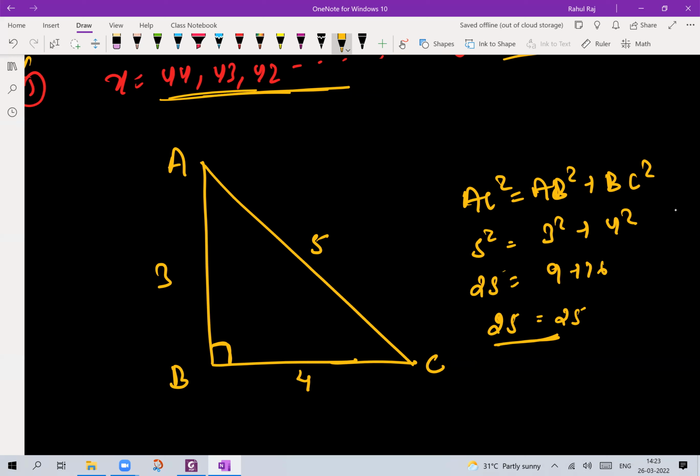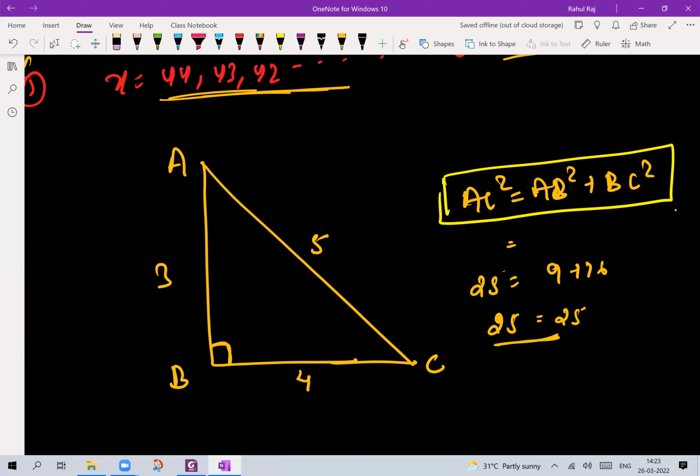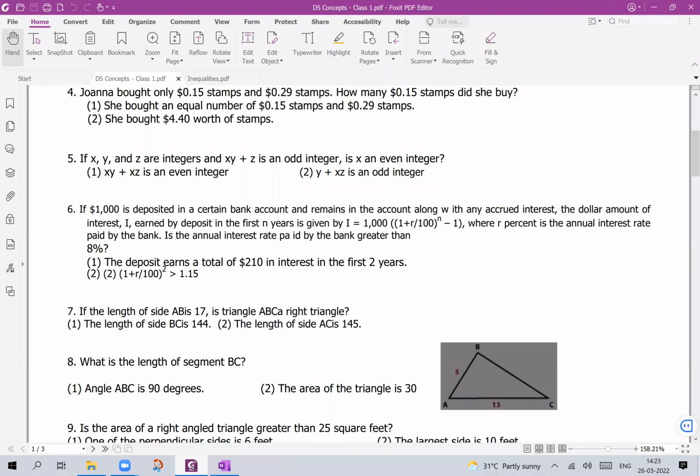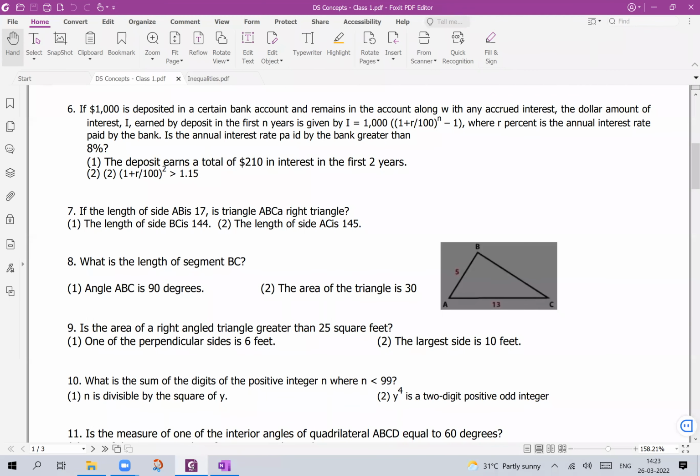Simple logic. So for a triangle to be a right angle triangle, please understand AC square should always be equal to AB square plus BC square. Hypotenuse square should be equal to the sum of the squares of the sides. Now this is one simple logic, and based on this, there is one question that I'll ask you to solve. Because in math, guys, please understand there is nothing called theory. You have to solve problems. Question number 7. Please try. Take 2 minutes.